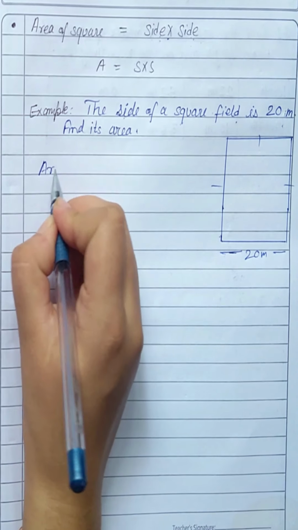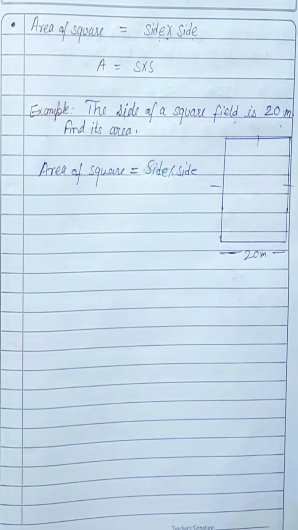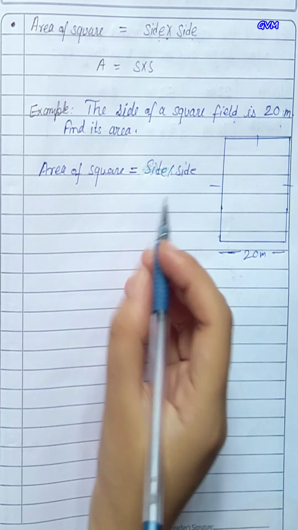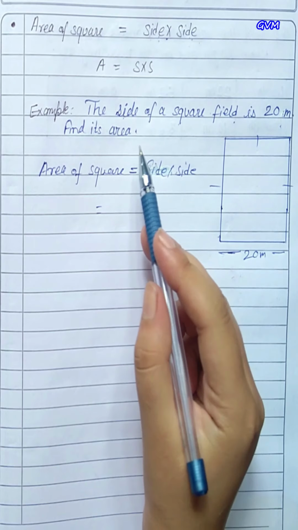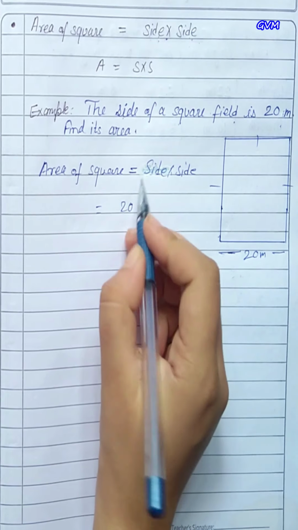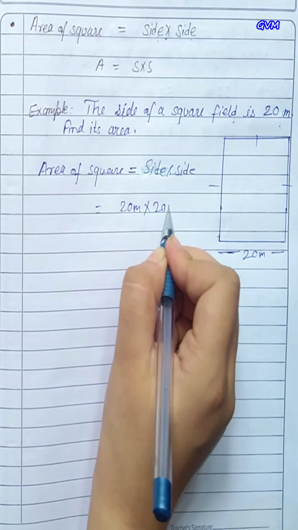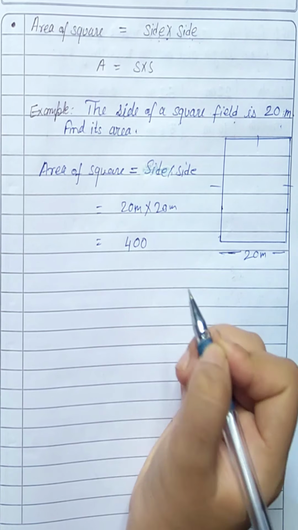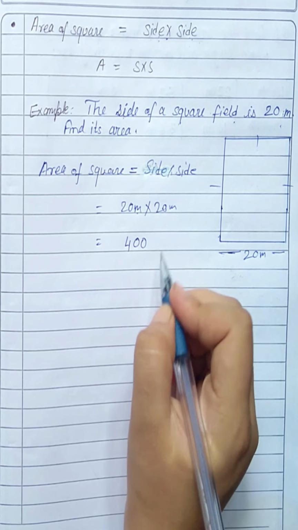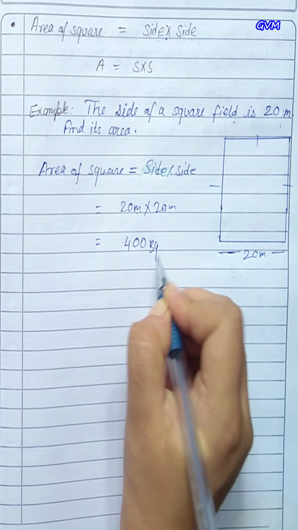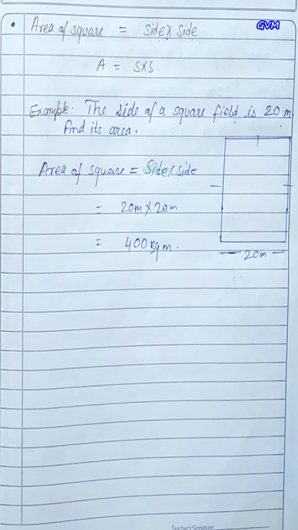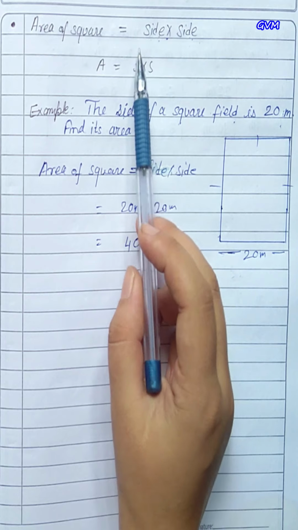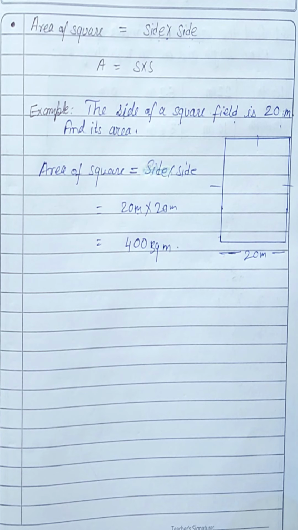Now area of square. So area of square is side into side. So put the value. Side we have been given 20 meter into 20 meter. And 20 into 20 is 400. Fine. And meter into meter is square meter. So you can find the area of a square by the given formula, that is side into side.